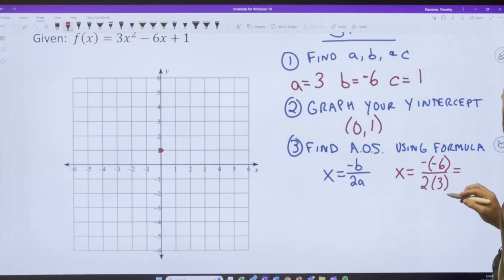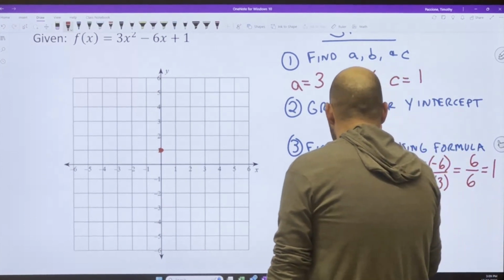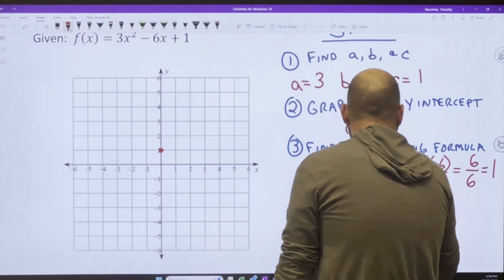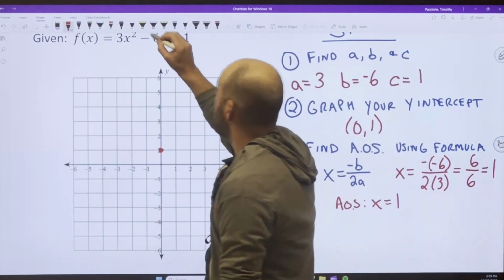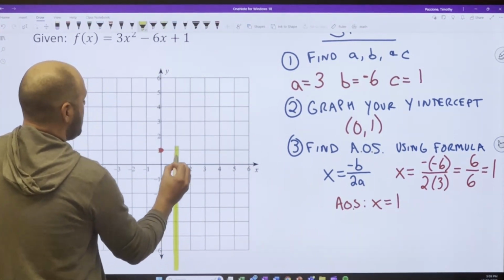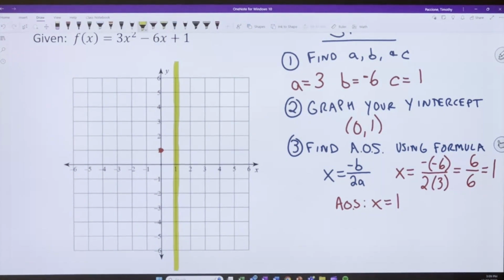So -(-6) is +6. 2 times 3 is 6. 6 over 6 is 1. So our axis of symmetry is x equals 1. And you can grab a highlighter or a dotted line or even a full line. It doesn't really matter as long as it's helping you. And you throw that in right there.